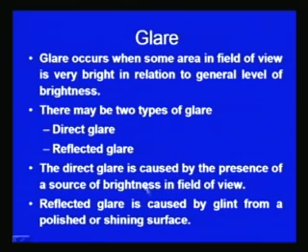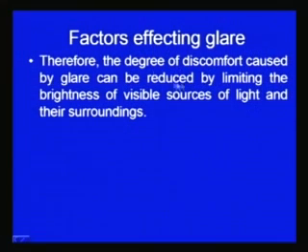So, here different methods are used to reduce the adverse effects related to glare. Whatever type of glare there is, it is considered to reduce the quality of the visual environment, and that is why proper steps are taken to reduce the glare. We have seen that glare is largely caused by a source of brightness in the field of view.